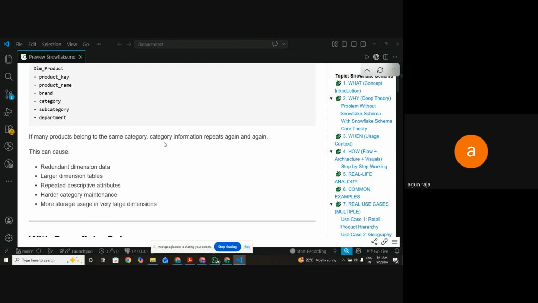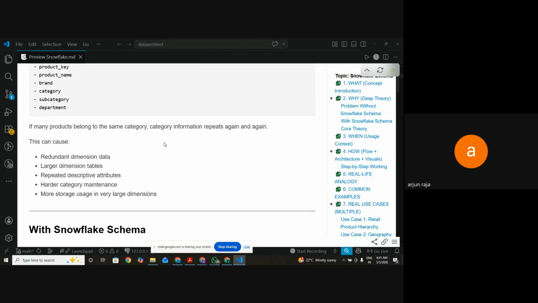If many products belong to the same category, category information repeats again and again. This can cause redundant dimension data, larger dimension tables, repeated descriptive attributes, harder category maintenance, and more storage usage in very large dimensions.